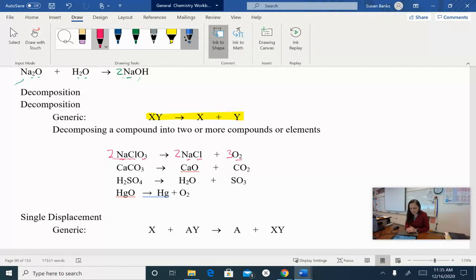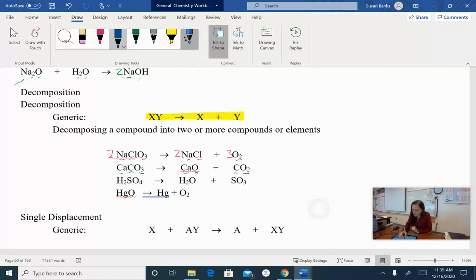Now let's look at the calcium carbonate that's decomposing into calcium oxide and carbon dioxide. Okay, so I've got 1 calcium, 1 calcium. I'm okay. 1 carbon, 1 carbon, 3 oxygens. 1 oxygen plus 2 is 3 oxygens. This balances without putting any coefficients.